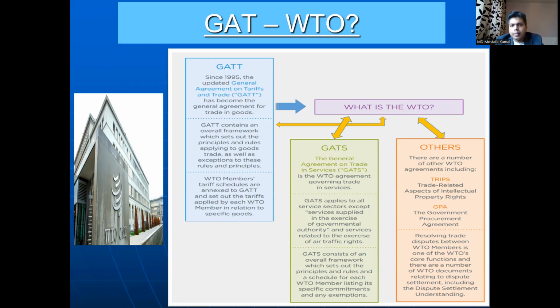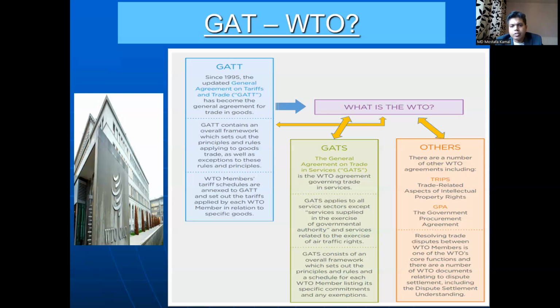Besides this, the World Trade Organization is also divided in two ways. We can say that GATS, the General Agreement on Trade in Services, is the WTO agreement governing trade in services.